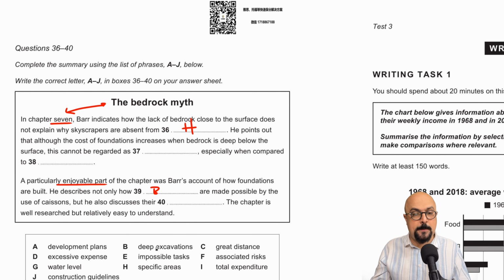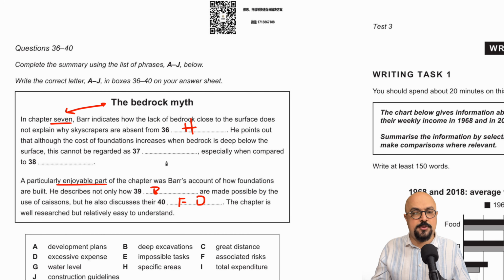That's a possible answer. But he also discusses... maybe excessive expense. Probably associated risks. So it's either F or D? Okay, that's my guesses.